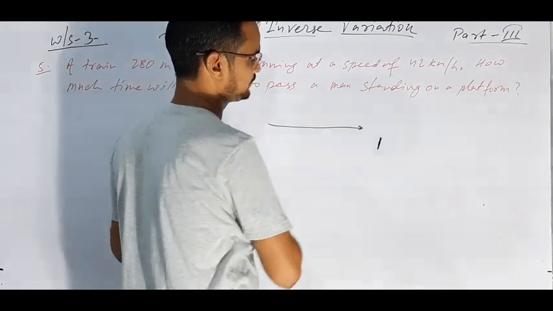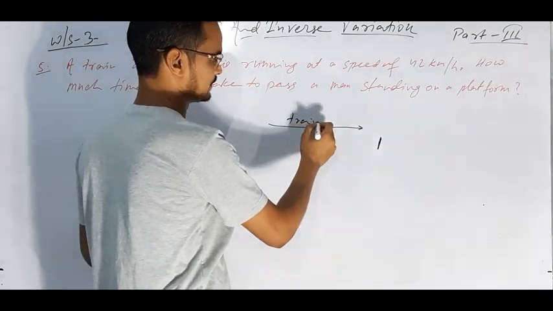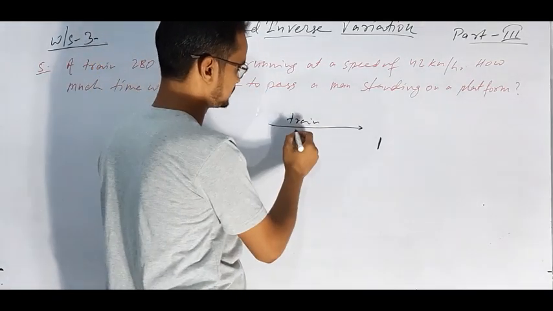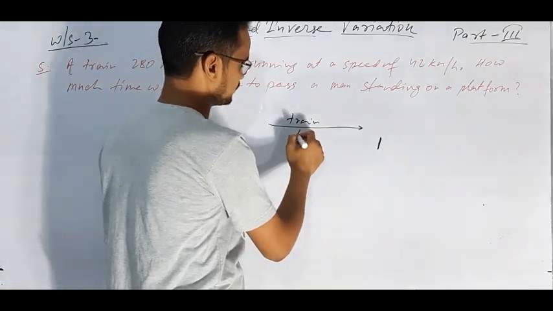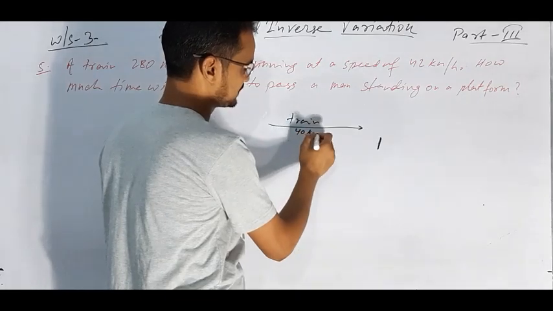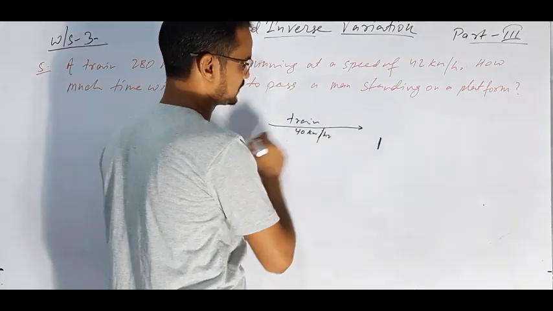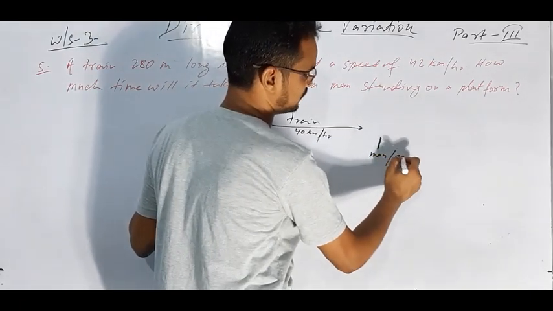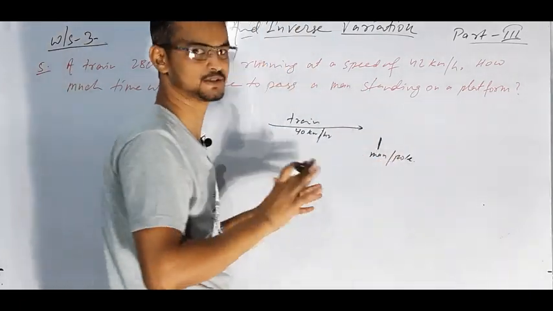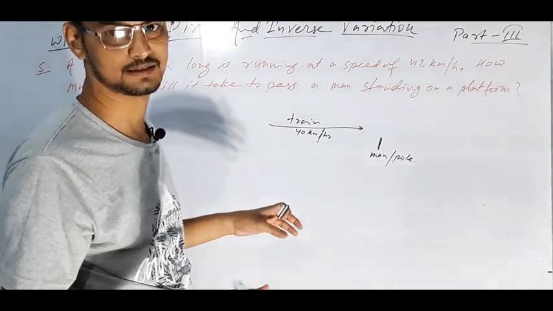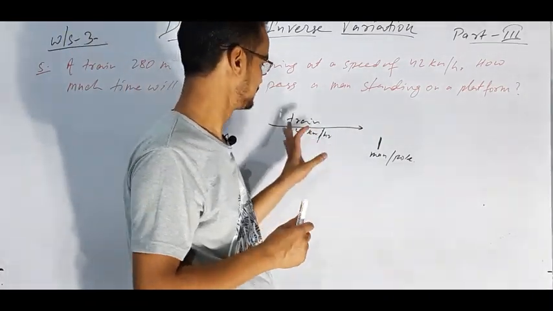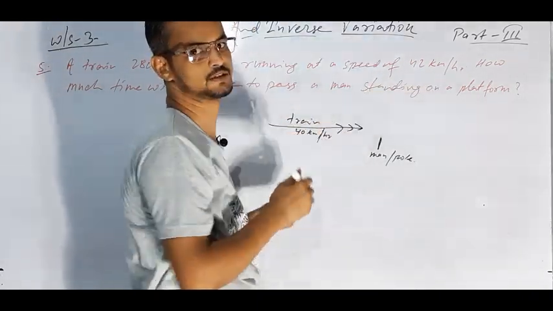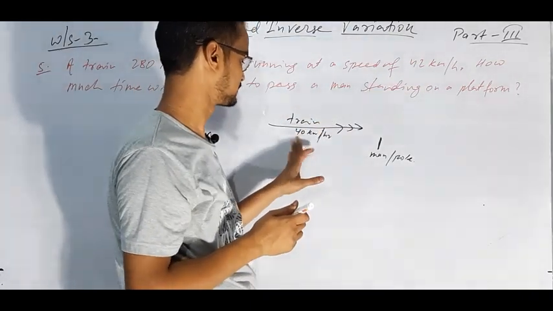The man is standing here, and this train is passing with some speed. Suppose the speed is 40 km per hour.